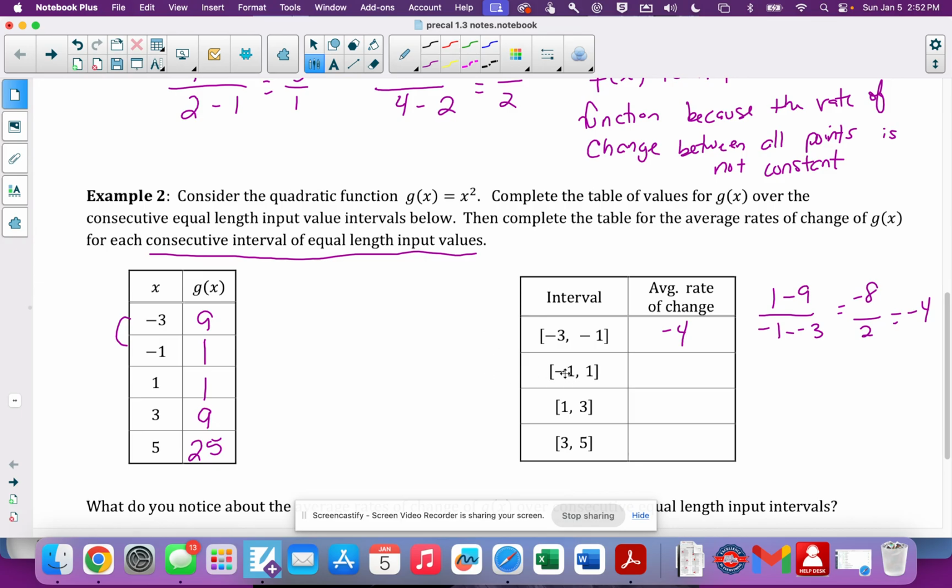Okay, so negative 1 to 1. That's the next 2 points. Okay, so here we're going to do 1 minus 1 over 1 minus negative 1, and that's going to be 0 over 2. So that one's 0. Okay, from 1 to 3. Okay, so that's 9 minus 1 over 3 minus 1, and that's 8 over 2, so that's 4.